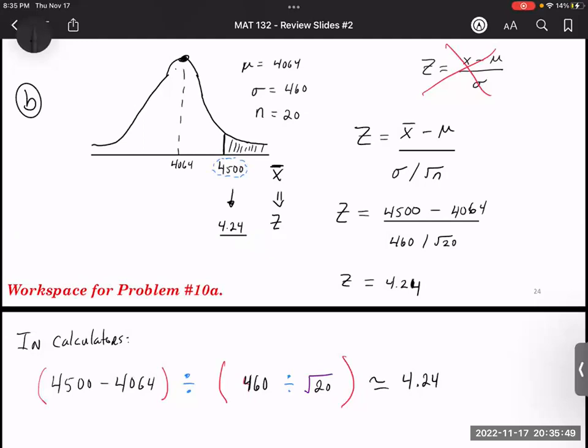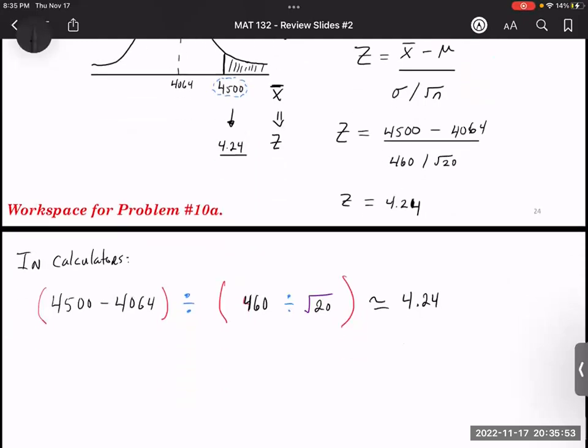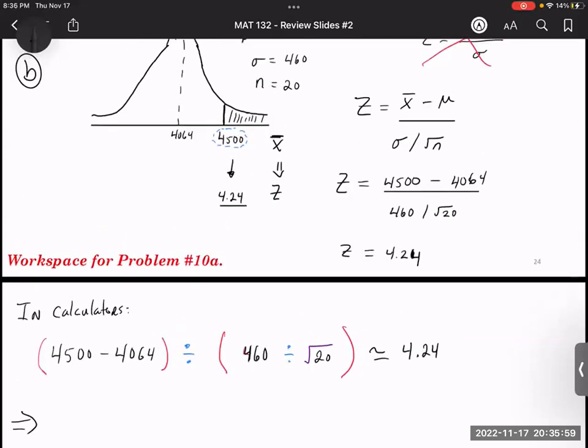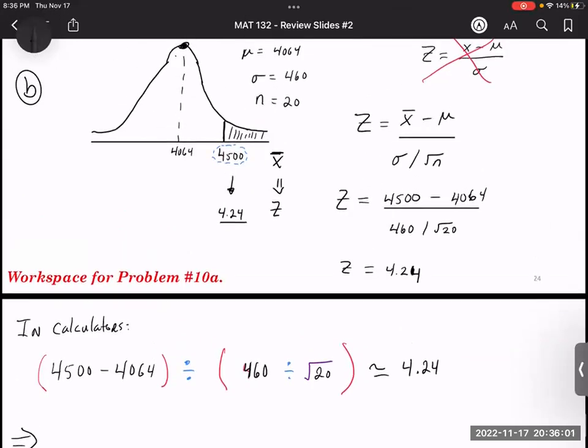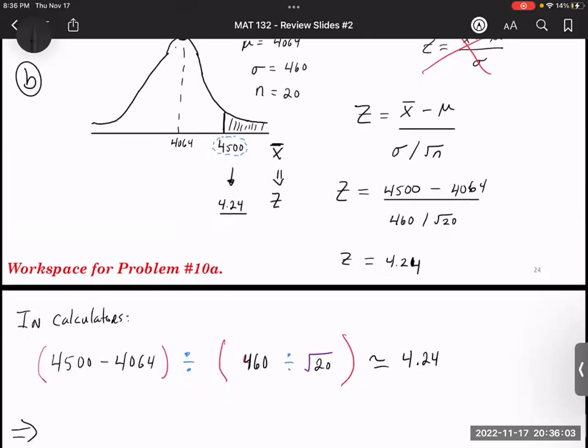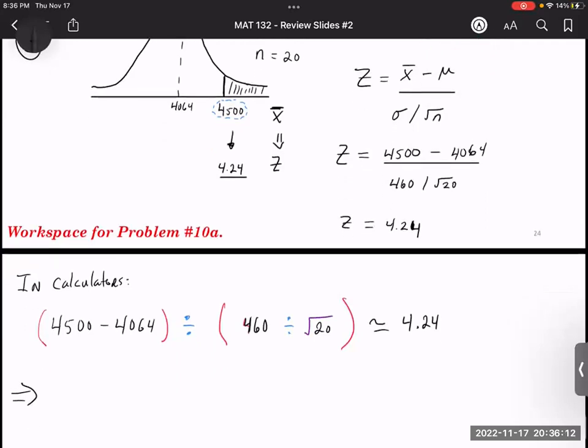Okay, I have all the information now that I need to solve this problem. So, just showing you everything from the beginning, but in words. Originally we started off by saying that I want to find the area to the right of the sample mean of $4,500.